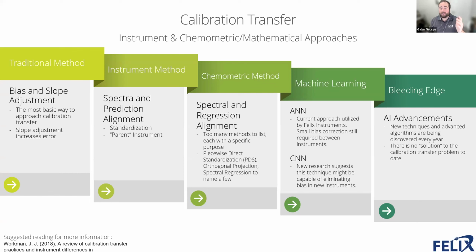So in case one, where we're just transferring a model from one 751 to multiple other new 751s, it might be as simple as there's just a slight bias in all the predictions, and all we need to do is implement a small bias in the devices in order for them to line up with the original unit. There's also sometimes slope correction that needs to be done.